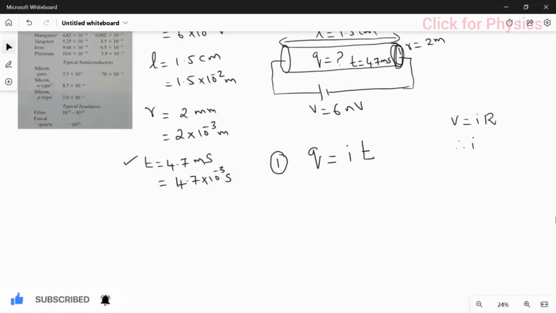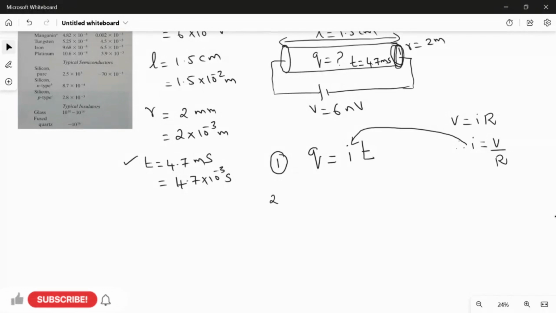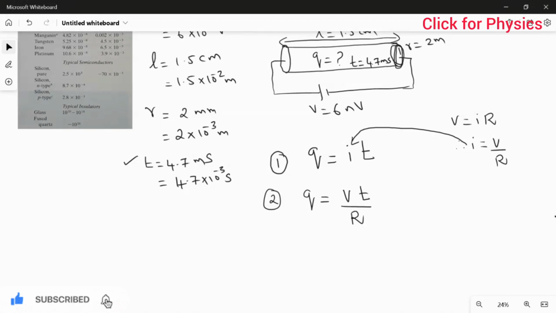Therefore, the current is equal to potential V over the resistance R. Now I'm going to substitute that equation for the current in the main equation, and our equation will be modified as Q equal to V multiplied by t divided by R.